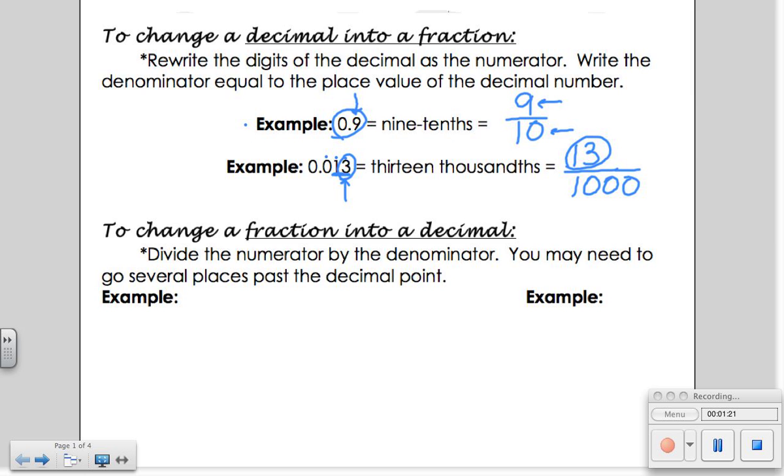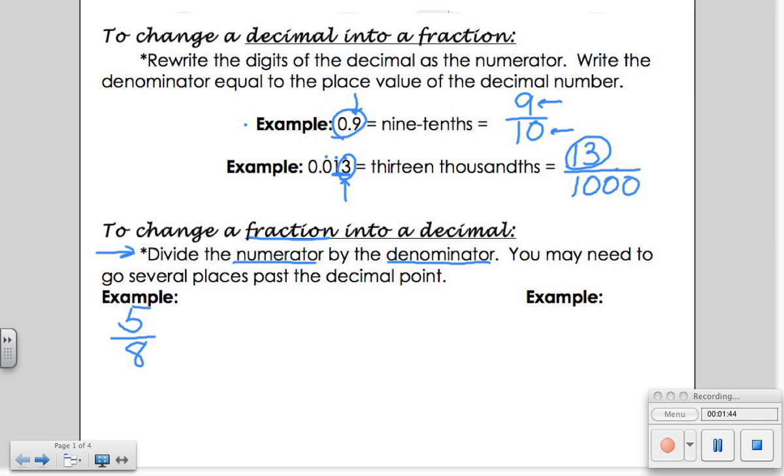So if I were to give you a fraction here to change into a decimal, let's say I give you 5/8, and I say I would like this in decimal form. What you do, it says up here, is divide the numerator by the denominator.